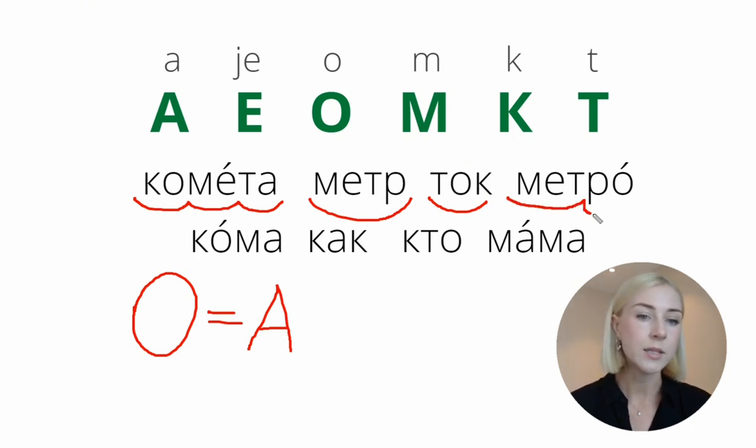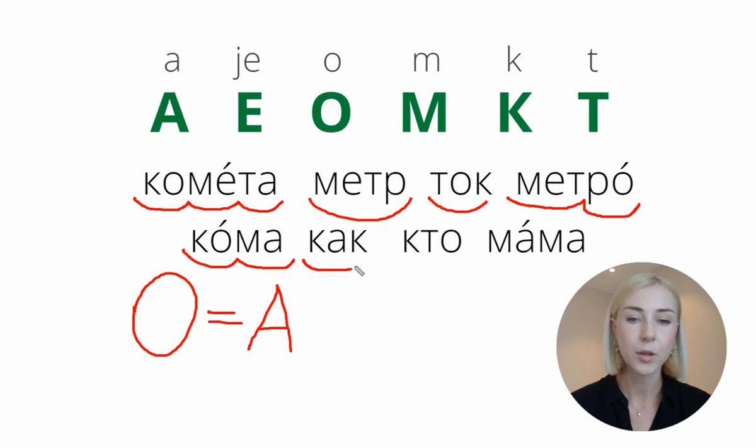I'm going to divide these words for you to make it easier to read. Метро. Метро. Great. Here we have 2 syllables. Кома, кома.